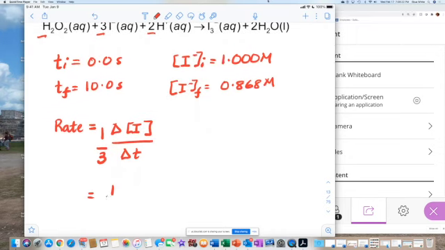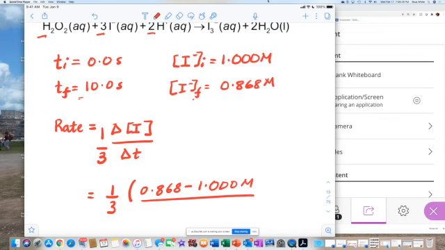So this will be 1/3 change in I. Change in I will be the final minus the initial, so 0.868 minus 1.000. Remember, this is M over the final time, 10.0 seconds minus 0.0 seconds.